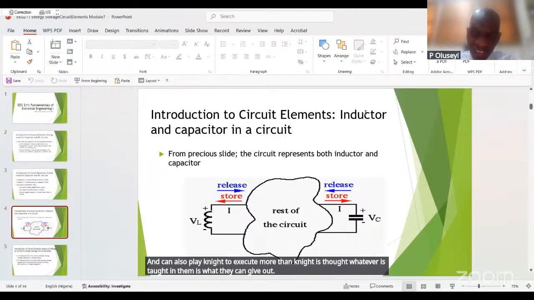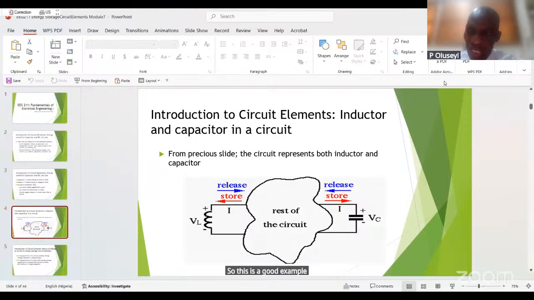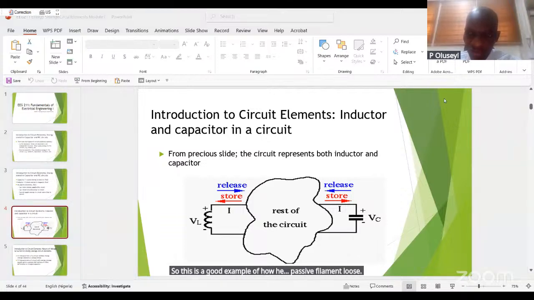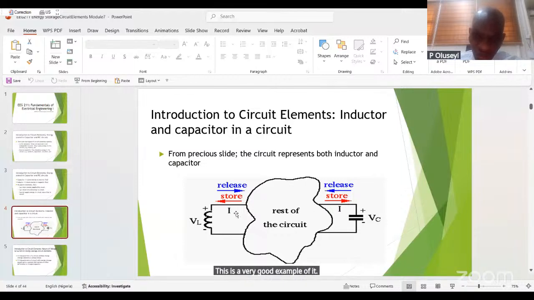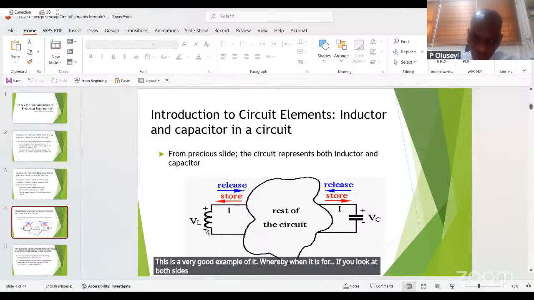So this is a good example of how a passive element looks. This is a very good example of it, whereby if you look at both sides, you will see the inductor on the left and the capacitor on the right.